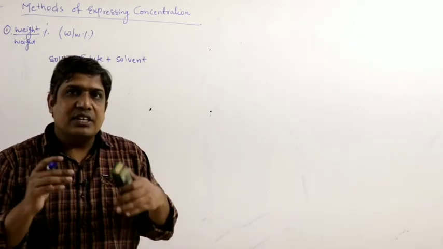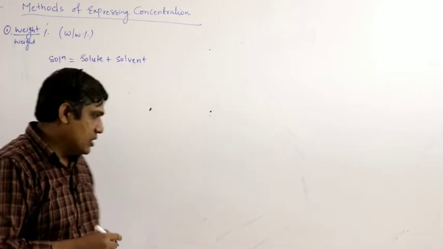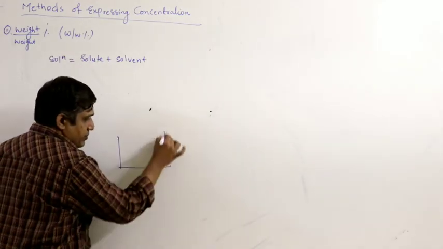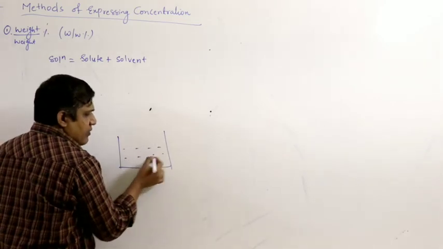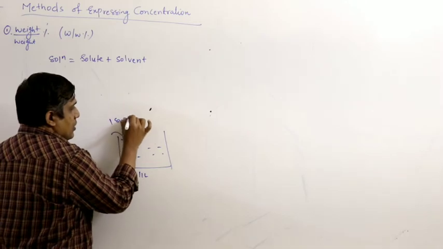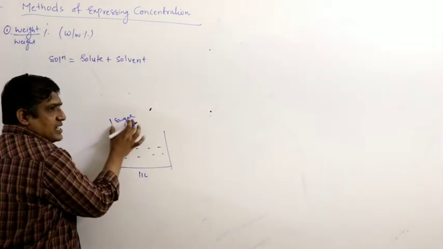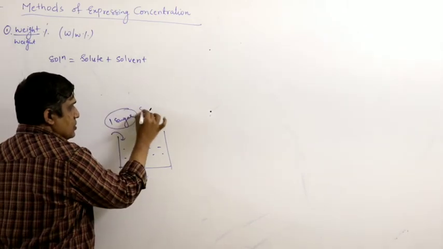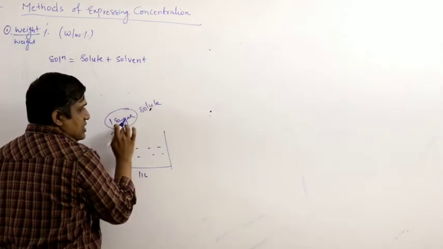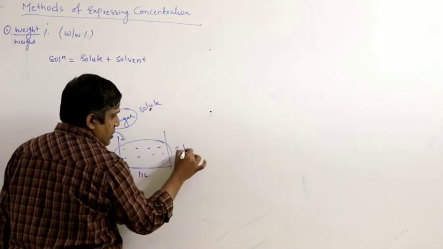The substance which is present in relatively large quantity we call it as solvent, right? So we take 1 liter water, say we have added 1 spoon sugar. Compared to this mass, the mass of sugar is less. This is present in less quantity, this we call it as solute.